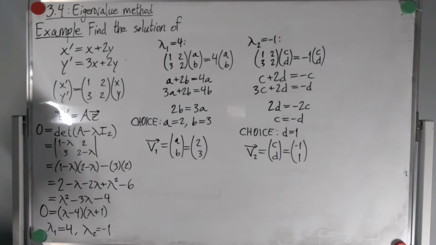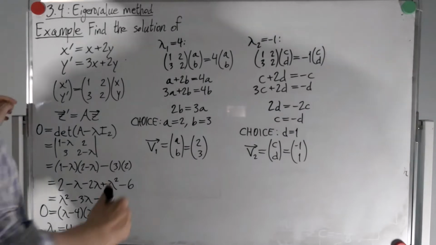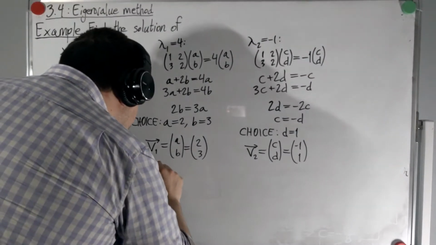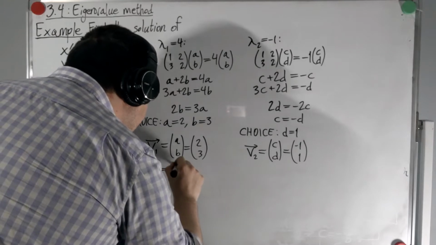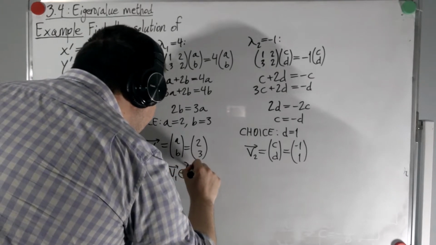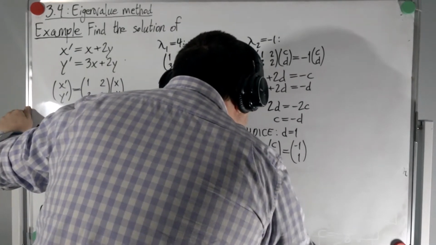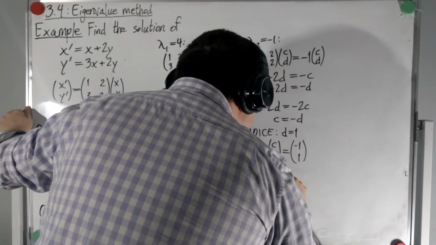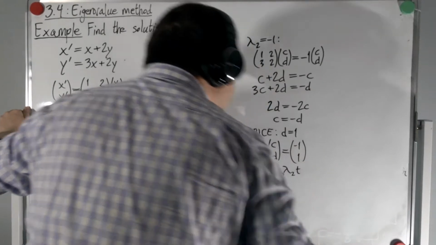Okay. Now, how does that help us find the solution of this vector ODE? Well, all you have to do is take z1 vector to be v1 vector times e to the lambda 1 t, and similarly z2 vector to be v2 vector times e to the lambda 2 t.